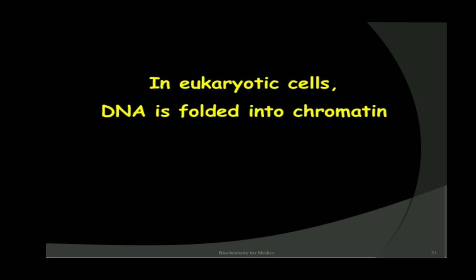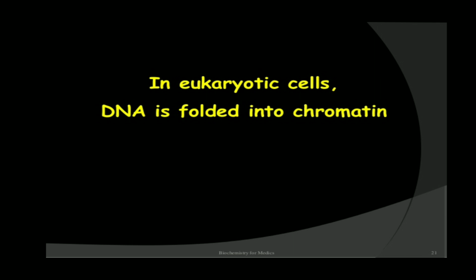In eukaryotic cells, DNA is folded into chromatin form, meaning DNA gets condensed to form the structure of chromosomes. If you stretch a single chromosome, its length is about 6 feet, more than normal human height.